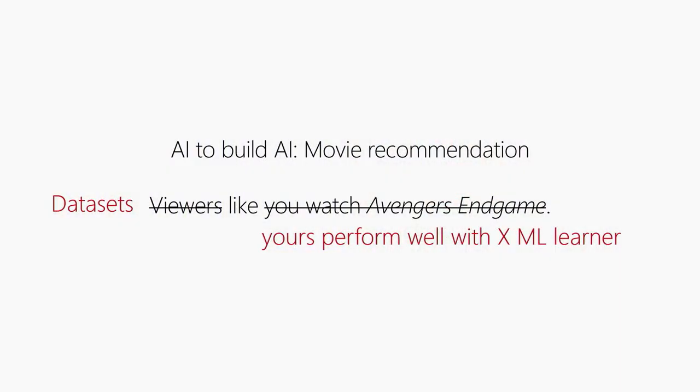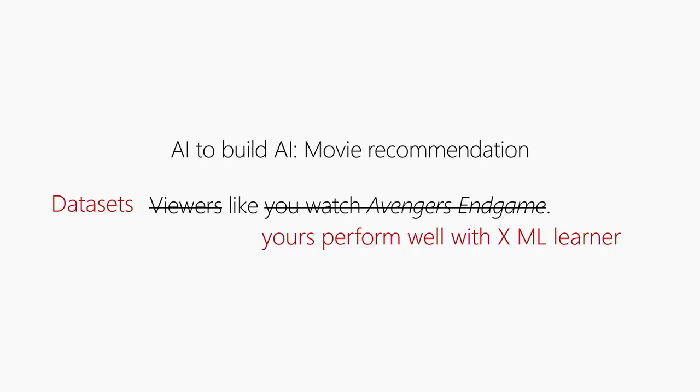What we do is we slightly change this around to say data sets like yours perform well with this particular machine learning algorithm and set of parameters. Okay? So the whole point is we've seen a bunch of data sets before and how well a bunch of machine learning algorithms and their parameters perform on them. So we are smart in recommending to you a good machine learning algorithm and its parameters.